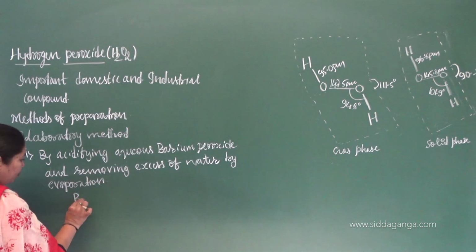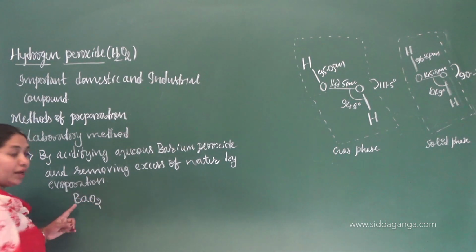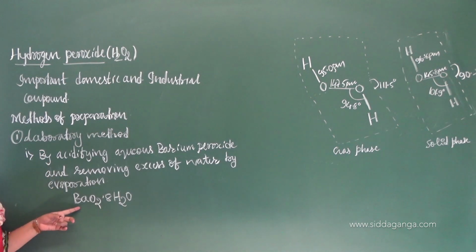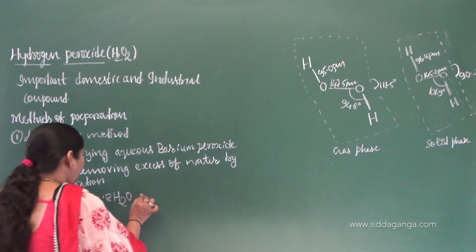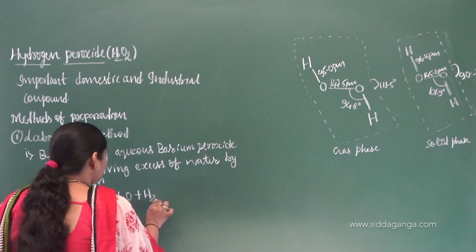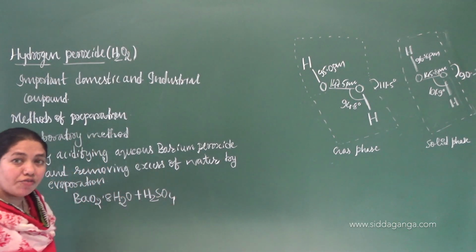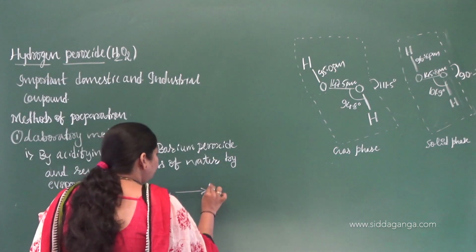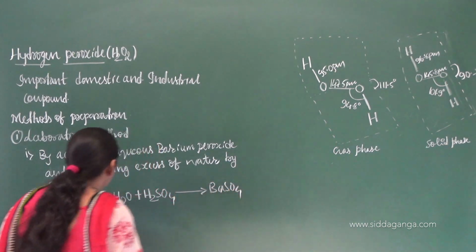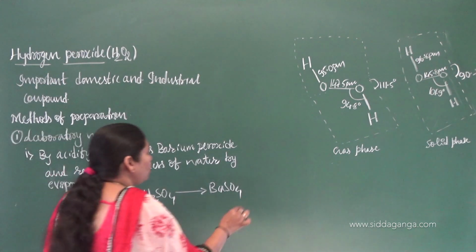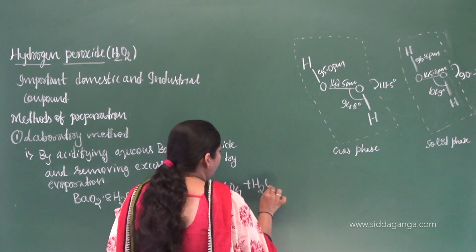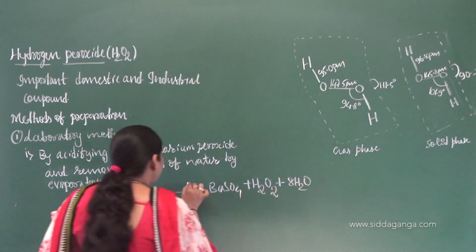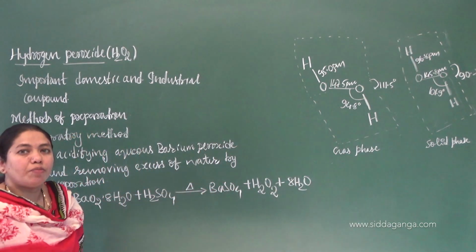So if you take barium peroxide, that is BaO2, and it is hydrated, or you can say it has water content, and it is treated with sulfuric acid, acidifying means reacting with the sulfuric acid, it will lead to the formation of BaSO4, then O2 and H2 combine together to form our major product H2O2, and the excess water will be removed by evaporation.